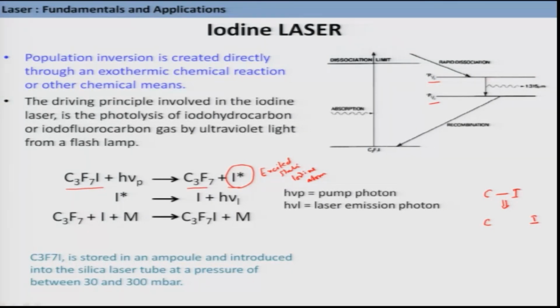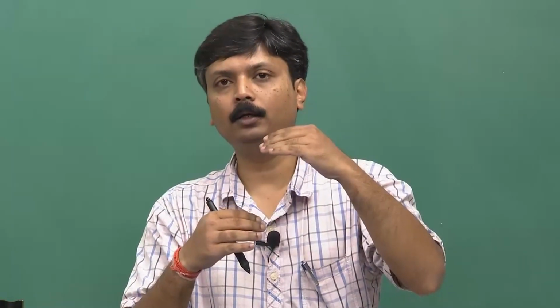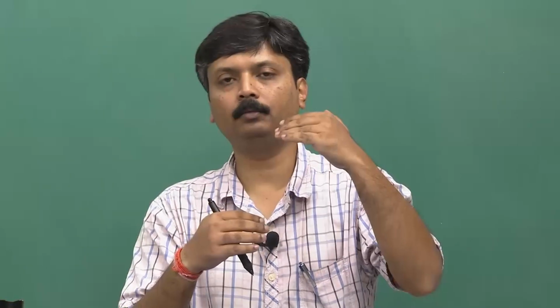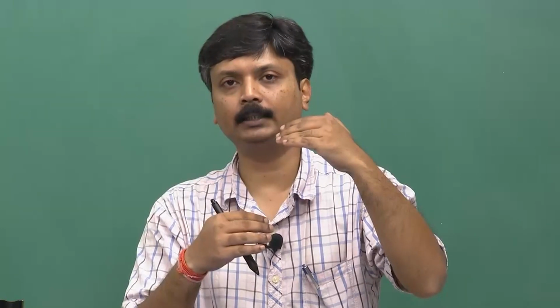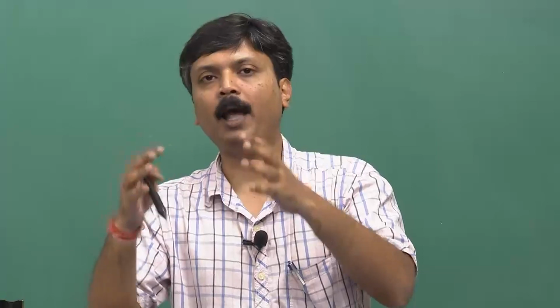Now this I star is a metastable state. The initial pumping will create this iodine in the excited state, that is, it will form I star, and more I star will keep accumulating.